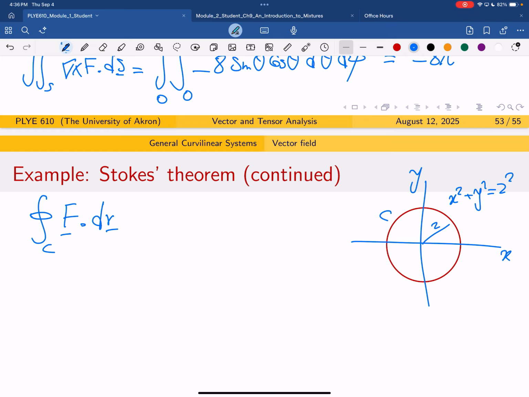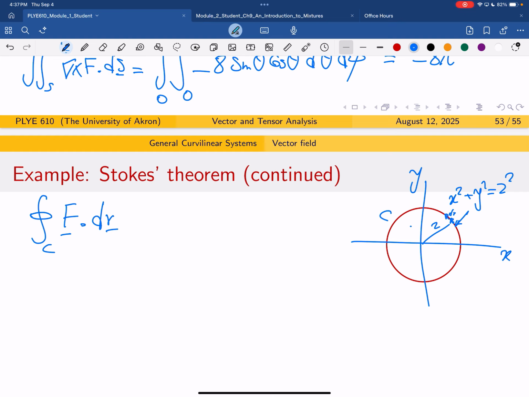So how should we proceed with this now? You have an equation for this circle, right? Because it's a one-dimensional integral, I need to basically look at dr, which means it's a tangent to the line that I have, and I need to calculate the dot product of f at each point with this vector dr that I'm creating here.